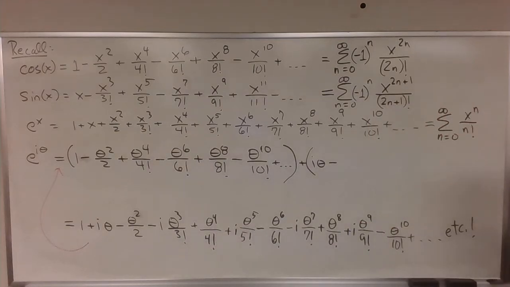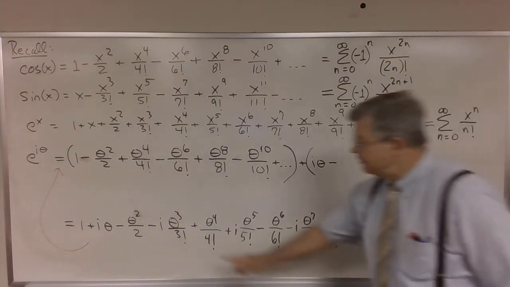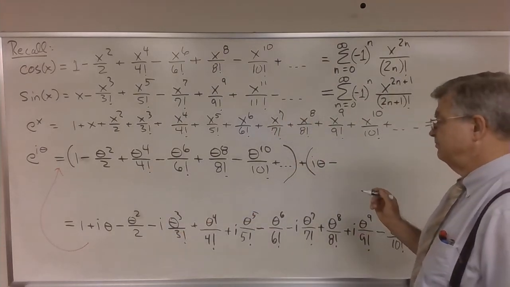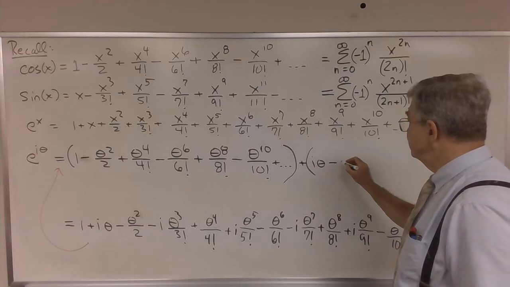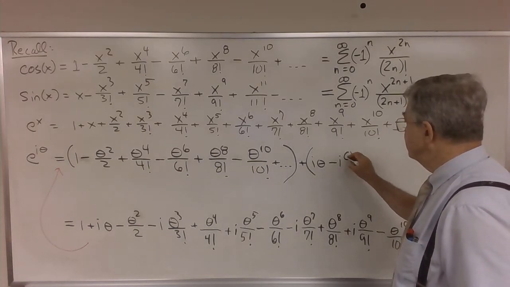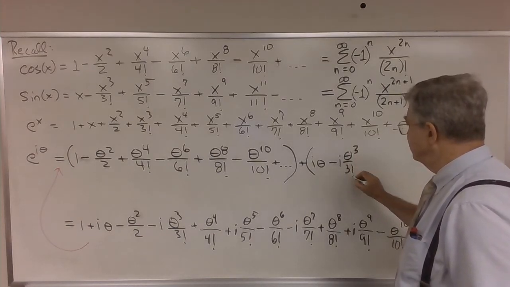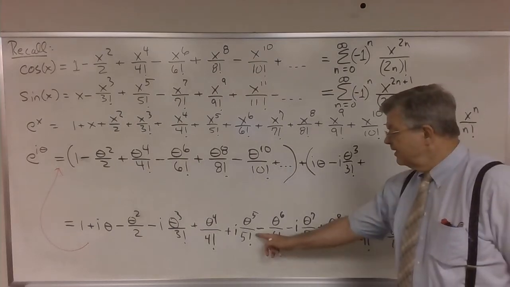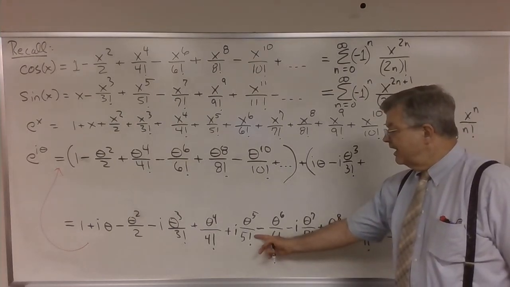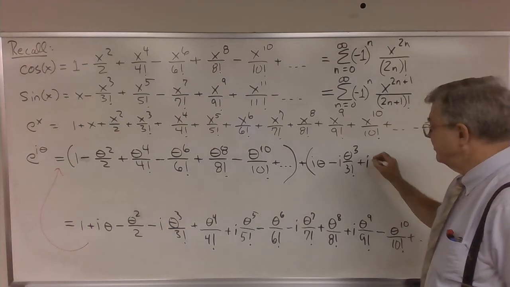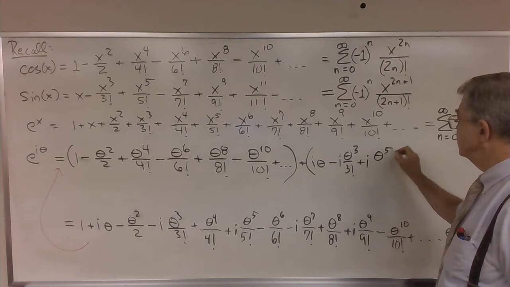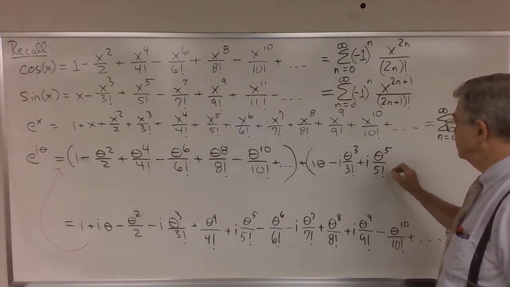And then the next term that has a factor of i is this one, negative i theta cubed over 3 factorial. And then the next term that does have a factor of i, this one, plus i theta to the 5th over 5 factorial.